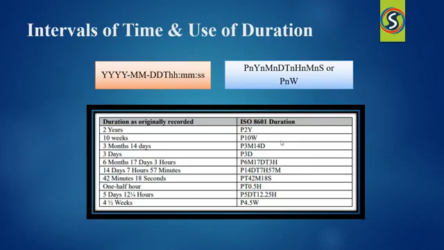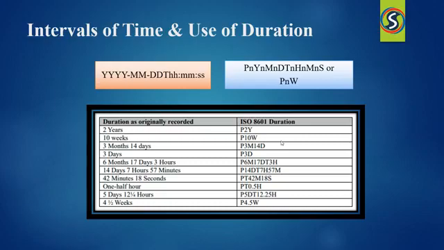T is used to separate the date components from your time components. So here we can note that weeks cannot be mixed with any other date or time components such as days or months in duration expressions. So in this case, with the date or time representation in either DTC variable or STDTC variable or your ENDTC variable, only the components of duration that are known or collected need to be represented.